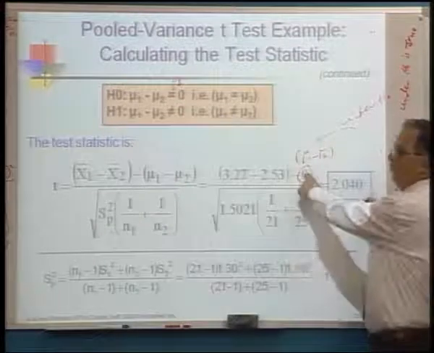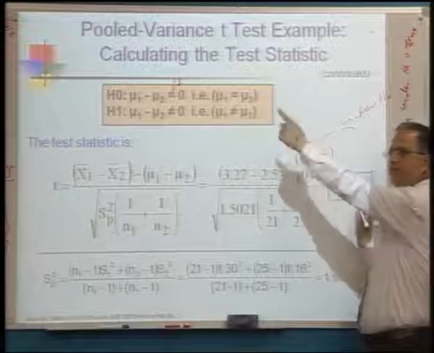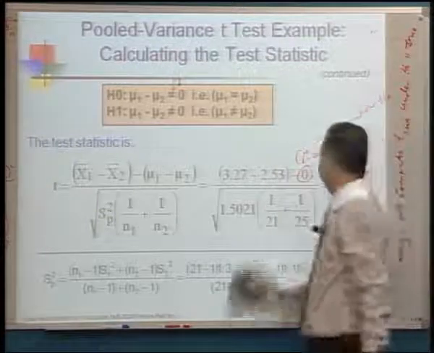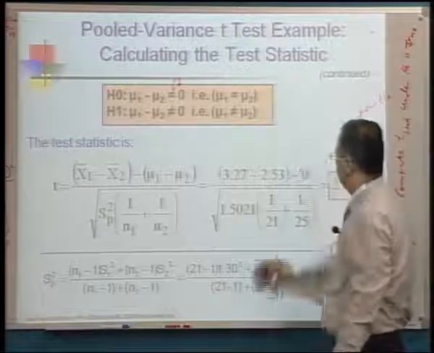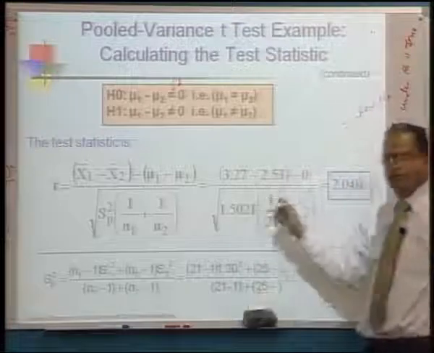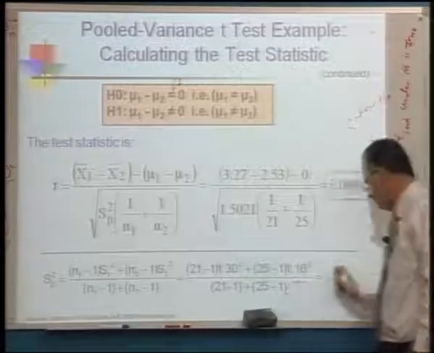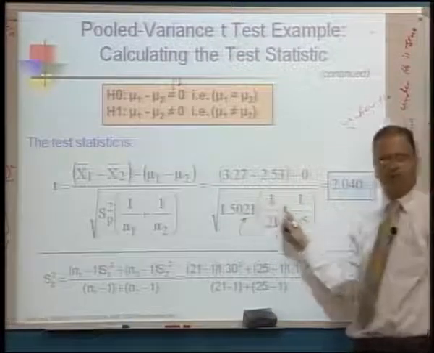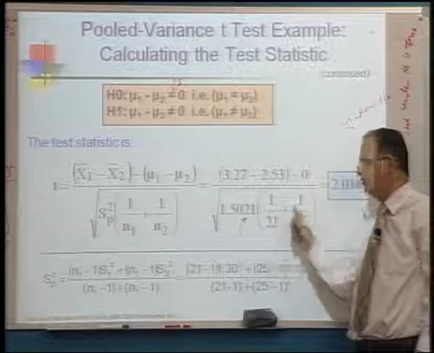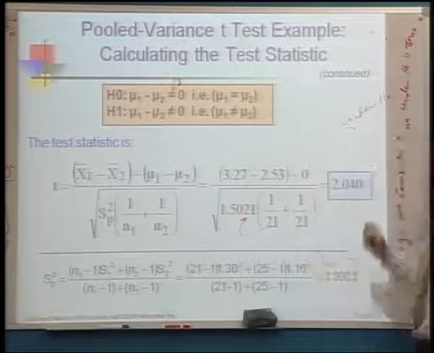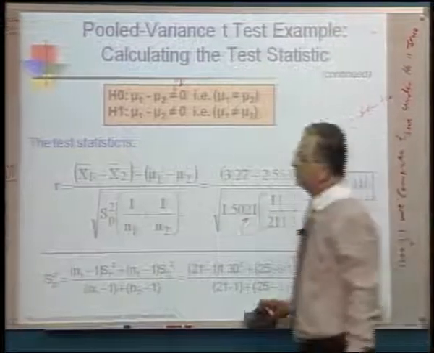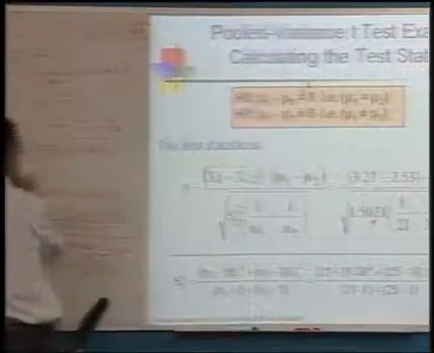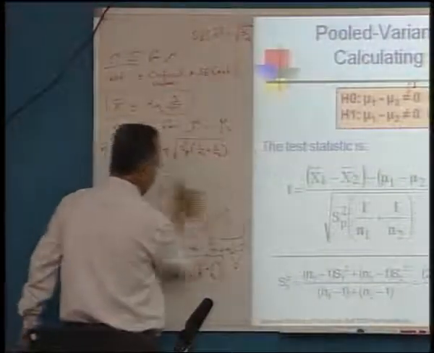So we have to plug in 1 instead of 0 if the difference is 1. But here the difference is 0, so it should be 0. So minus 0. Divide by s square p, this amount, multiplied by 1 over n1 plus 1 over n2. So 1 over 21 plus 1 over 25. That will give 2.04. So your t statistic in this case is 2.04.